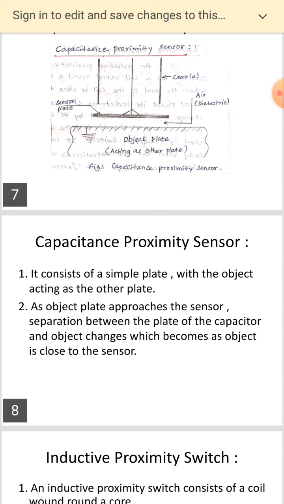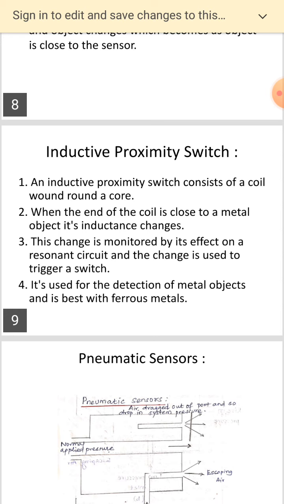It consists of a simple plate with the object earthed acting as the other plate. As the object plate approaches the sensor, the separation between the plate of the capacitor and the object changes, which becomes significant as the object is close to the sensor.